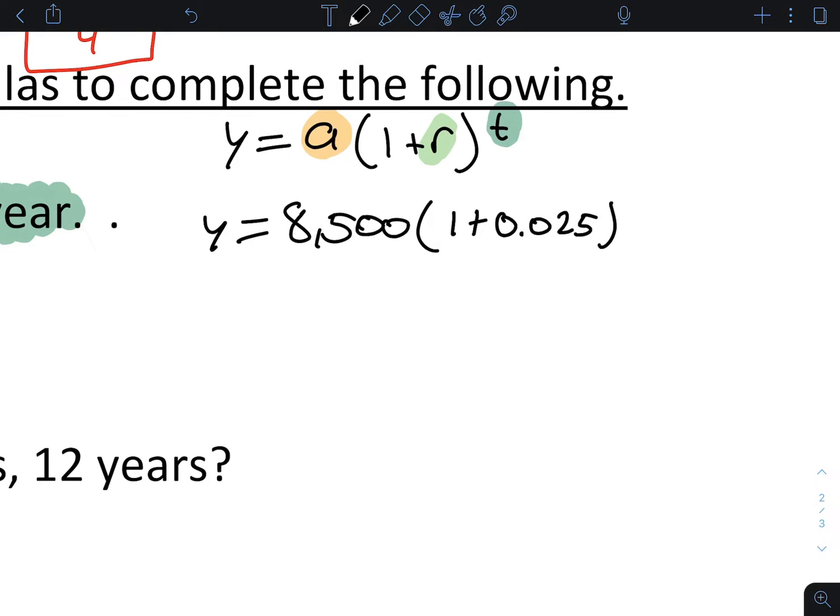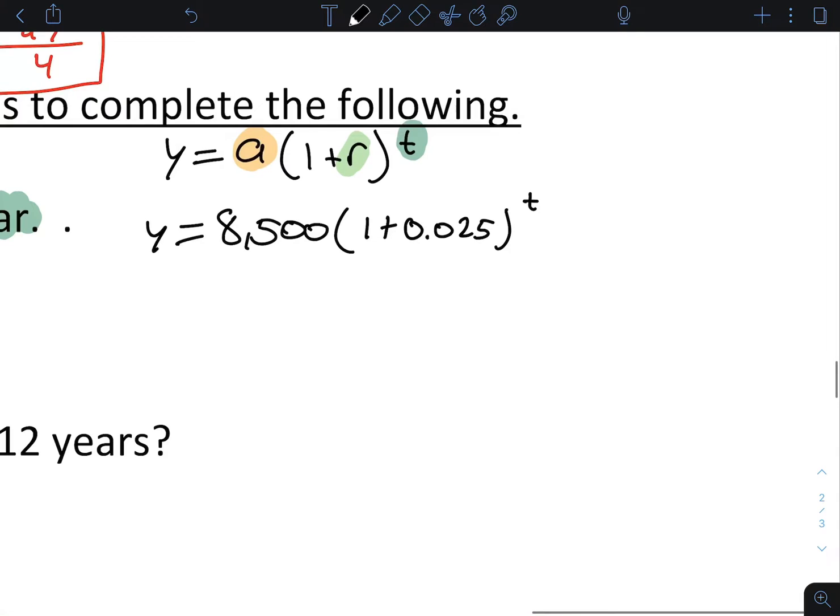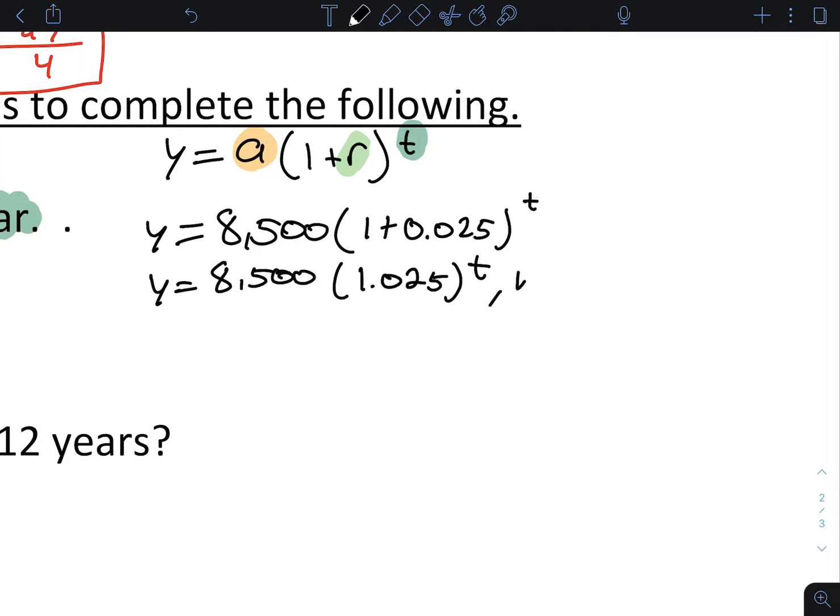Now, I want an equation that's going to have a variable that's changing. So as time increases, that means my time is changing. And let's simplify a little bit because we can just condense this. We have 8,500 times 1 plus 0.025, that is just 1.025 to the t, where t is your time in years.